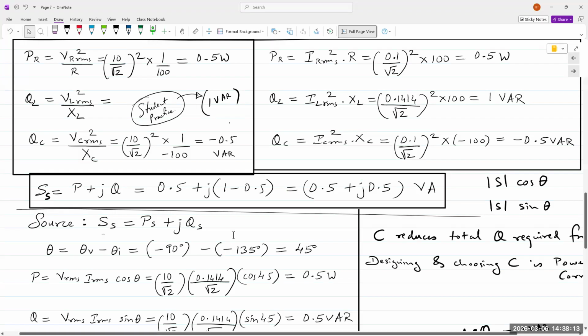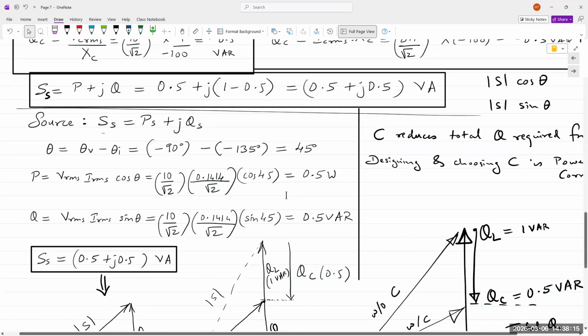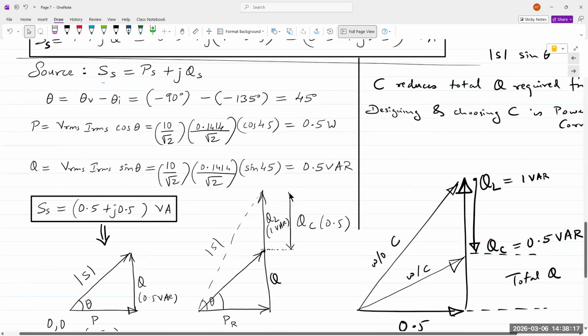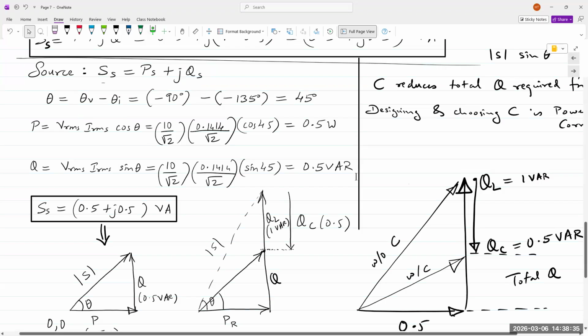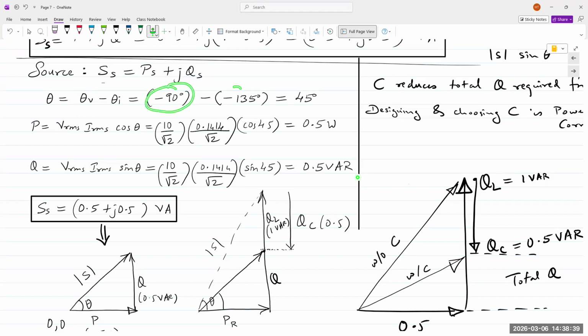One other way of determining the total power S is by using the power angles. Total power S can be defined as the real component PS and the reactive component QS. Power angle would be theta V minus theta I. Theta V was minus 90 degrees. Theta I we found was minus 135. So the actual power angle is 45.